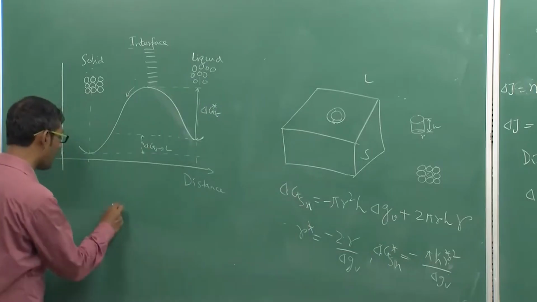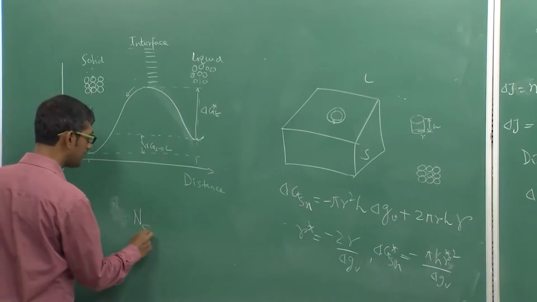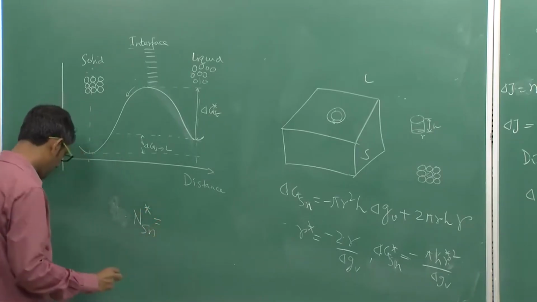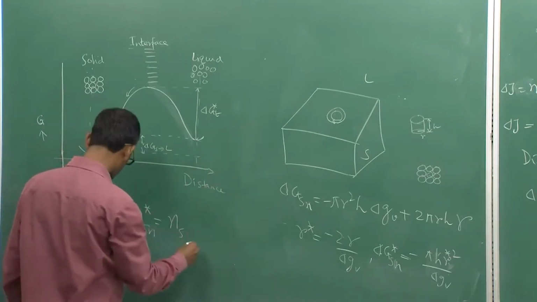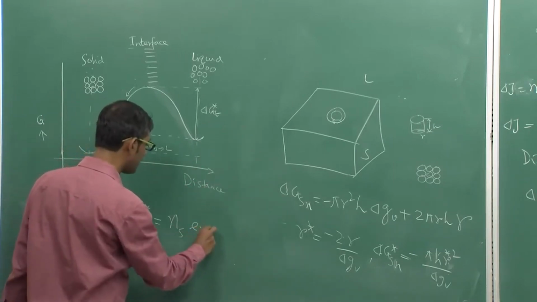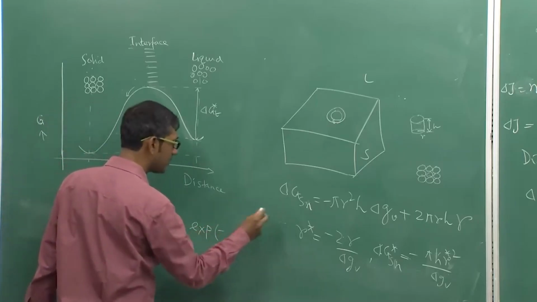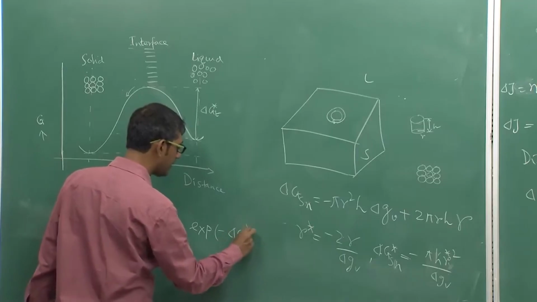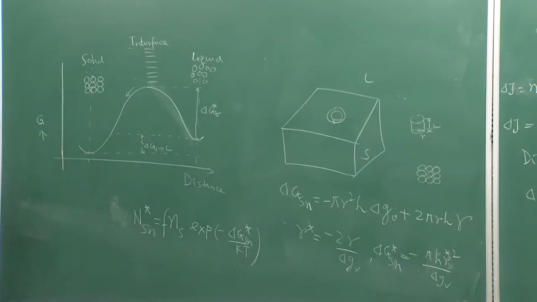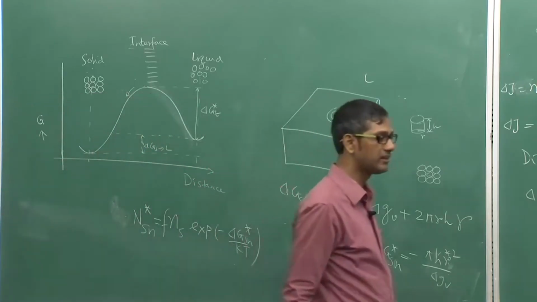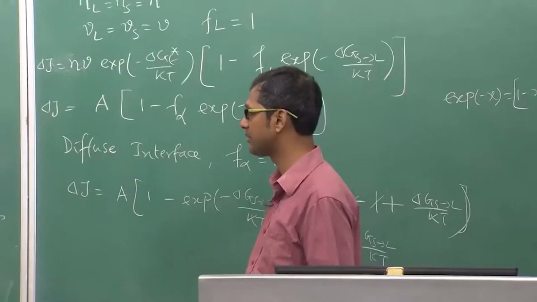Nucleation rate equation, if you go back: the surface nucleation rate is equal to the number of atoms present on the surface, the number of atoms coming there, multiplied by the frequency term, exponential minus delta G surface nucleation star by kT. That's the rate. So we need to connect this rate with the growth rate later on, okay, right? Only then can we get into such flux balance equations.